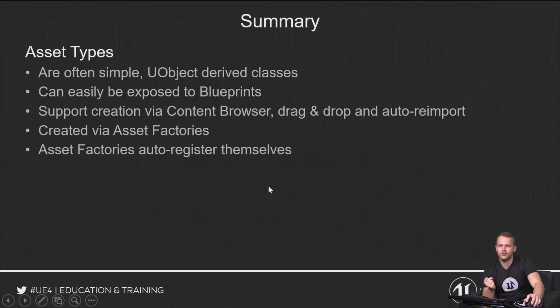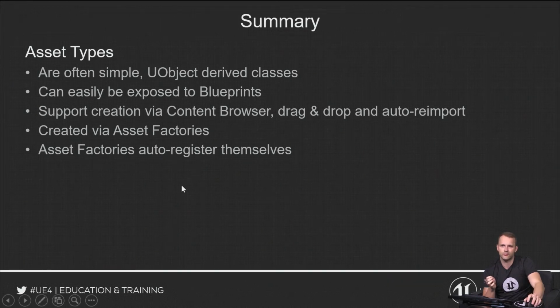All right, so that's it. You now should have a basic idea of how to create assets and how to create factories that allow those assets to be created. The assets themselves are just basic UObject derived classes that can very easily be exposed to blueprints using attributes.